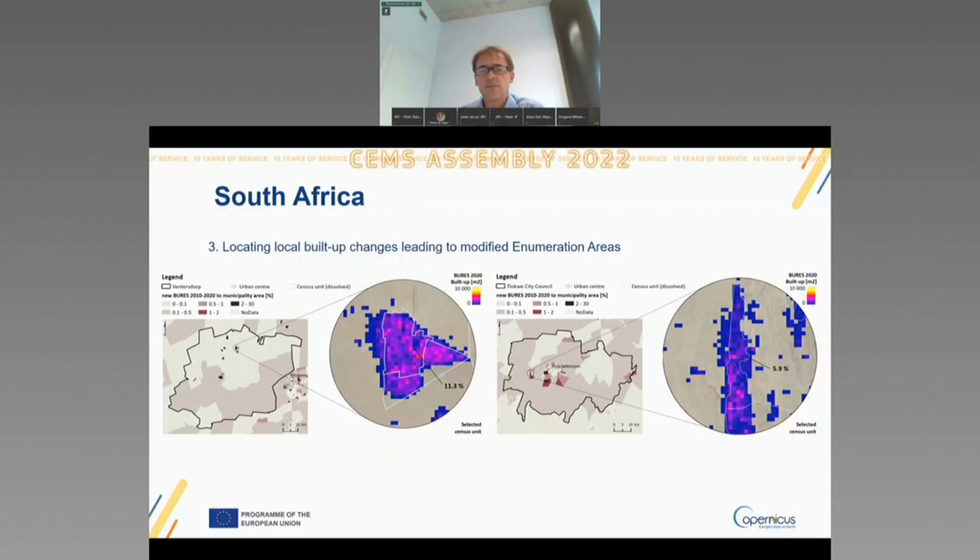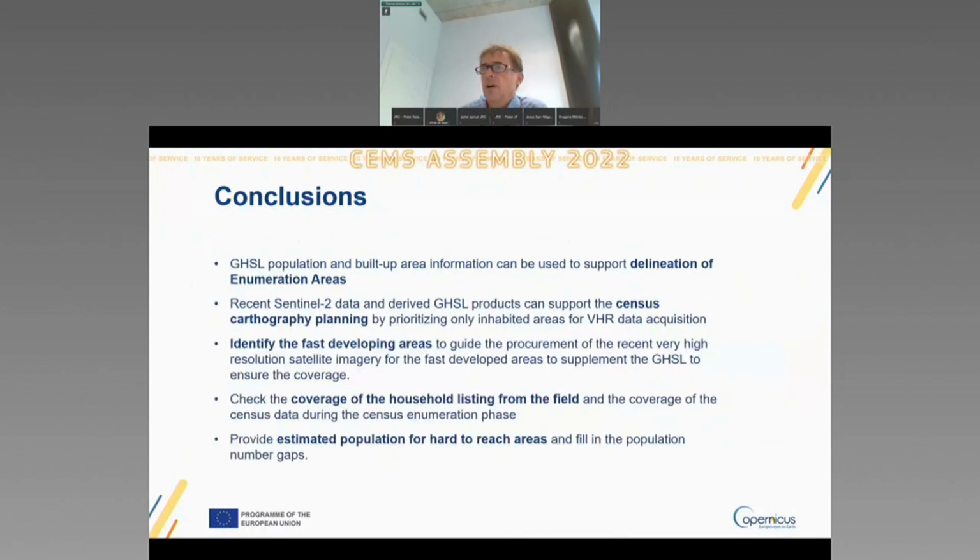So it's really to give you a quick overview of how such information can be used. We are able to use the GHSL data directly to delineate enumeration areas, but it can also help reduce the cost, because in the past, the standard approach for a census is to buy the most recent VHR imagery for entire countries like South Africa.